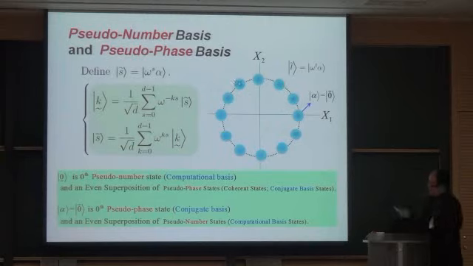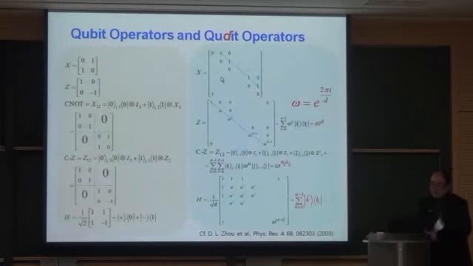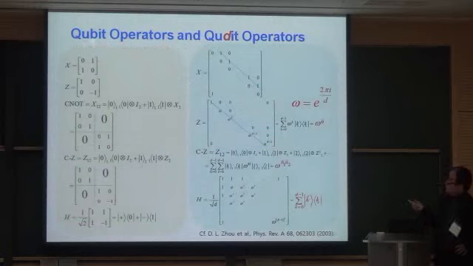Then, because I can do this with an arbitrary integer d, let me compare this with qubit and qudit operators. The X operator flips a 0 state to a 1 state, and a 1 state to a 0 state.